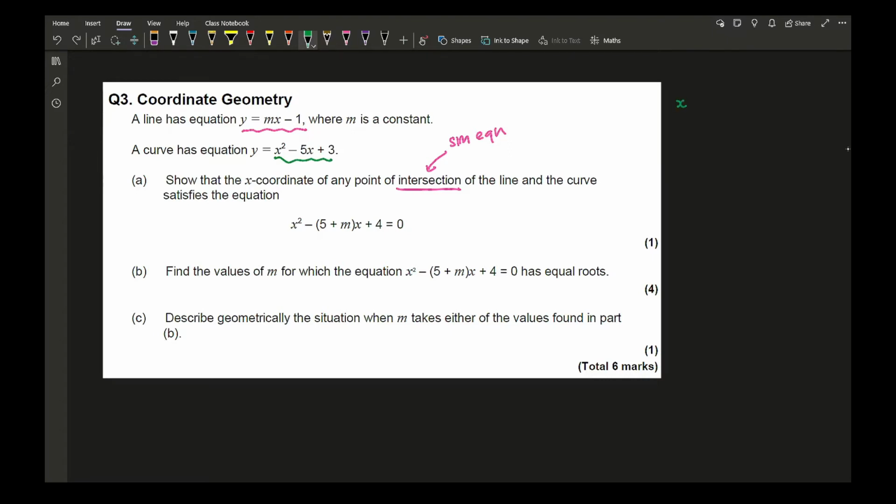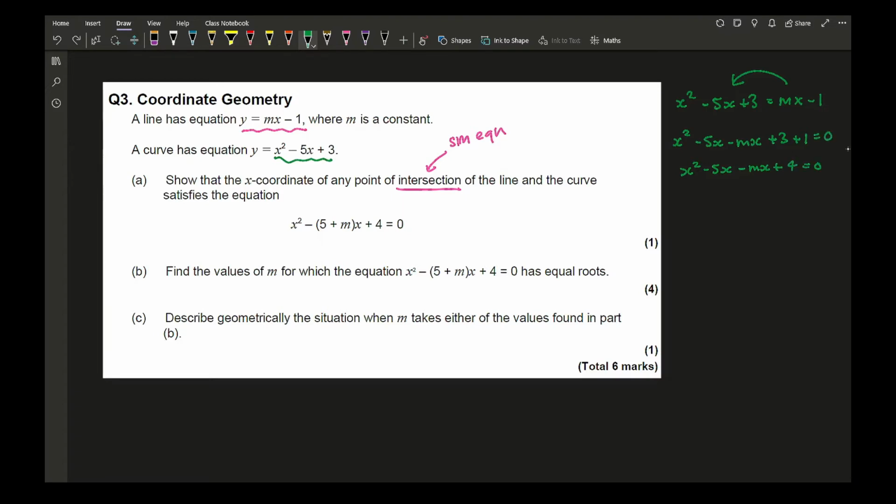So what I can do is say x squared minus 5x plus 3 is equal to mx minus 1. Now taking everything onto one side because we want it to look like a quadratic: x squared minus 5x minus mx plus 3 plus 1, which then leaves me with x squared minus 5x minus mx plus 4 equals 0.